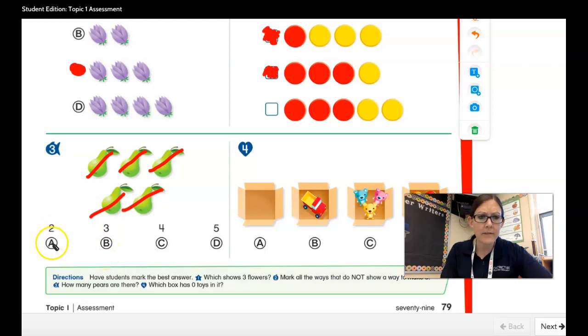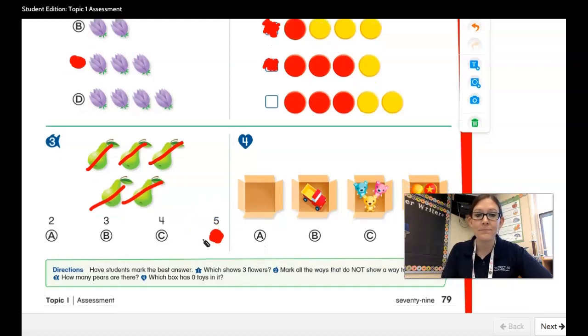Does this show 5? No, that's the number 2. What about B? Does B show 5? No, that's a 3. There it is. There's the choice that shows 5. Fill in the bubble letter D because D shows the number 5 for 5 pairs.